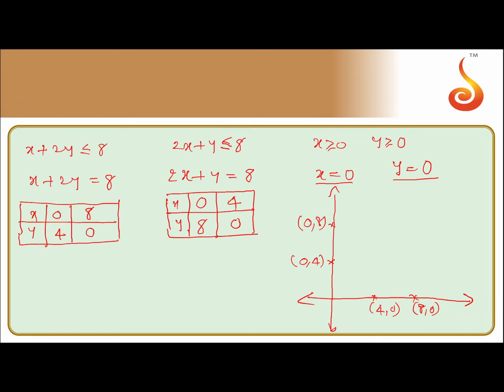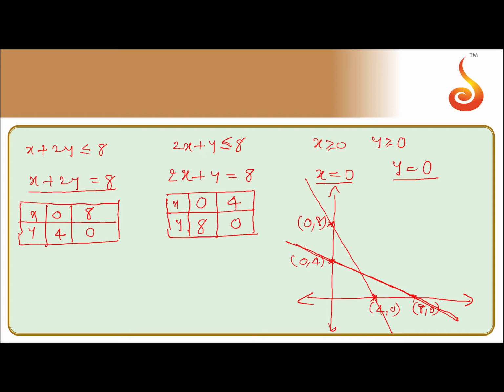First one, x plus 2y equals 8 is a straight line passing through 0, 4 and 8, 0. So, the first straight line is this one. Consider the second straight line 2x plus y equals 8 passing through 4, 0 and 0, 8. That is a straight line passing through these 2 points.